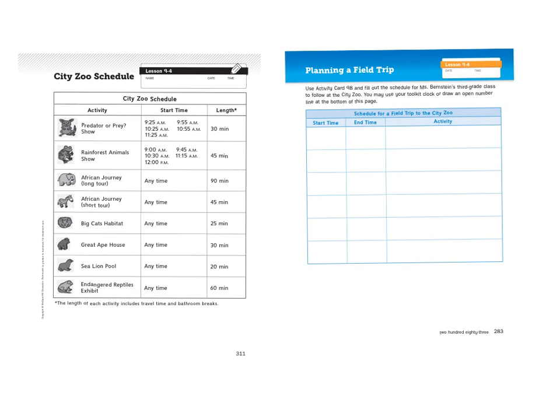So I'm looking over here, and because we don't arrive at the zoo until 9:30, this won't work for us, and this won't work for us. And you also have to pay attention to how long these things usually take. That's going to be really important.